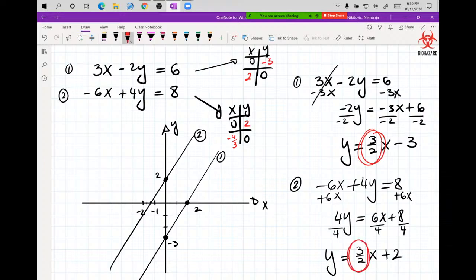Look at that. Awesome. Same slope means parallel lines. Parallel lines means no solution because parallel lines never intersect, and because they don't intersect, there's no point of intersection to be our solution.